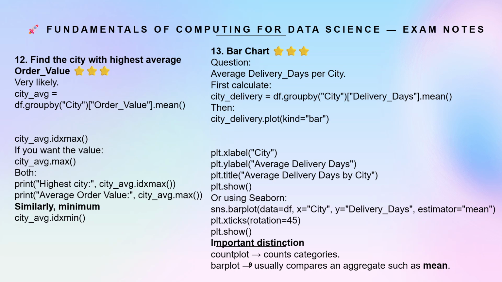Next, find the city with the highest average order value. We can use groupby city and order value .mean. Similarly, you can use .idxmax on city_avg, where we have the selected rows itself, and the average order value is .max. The value and the index are separate.